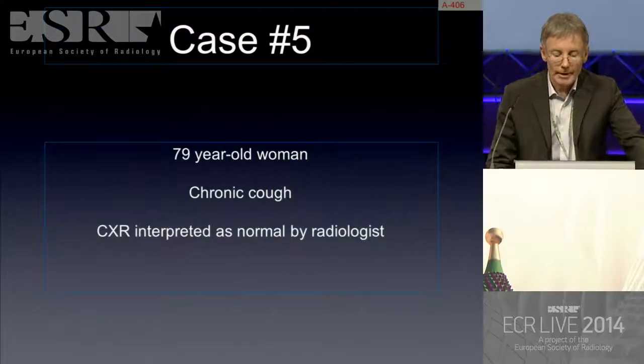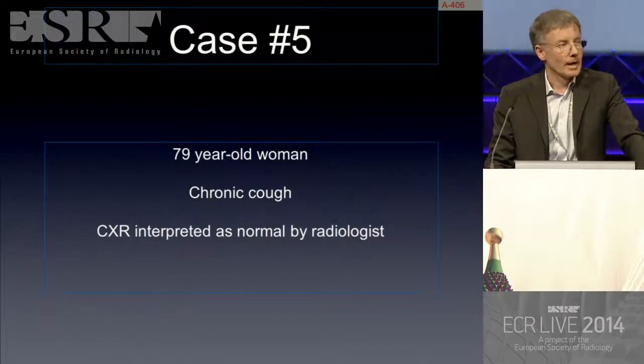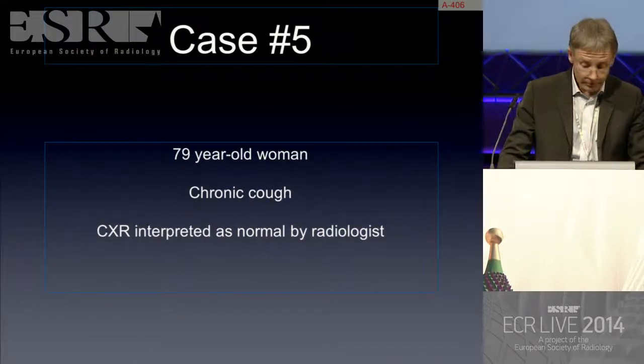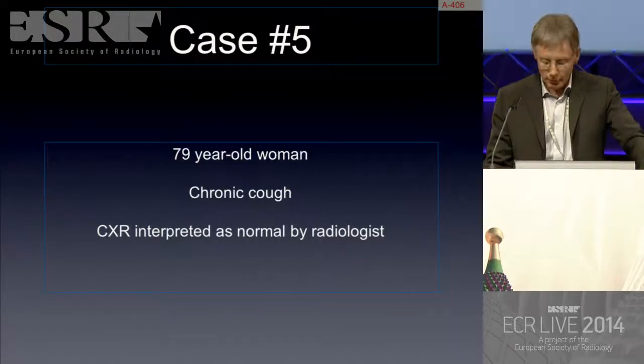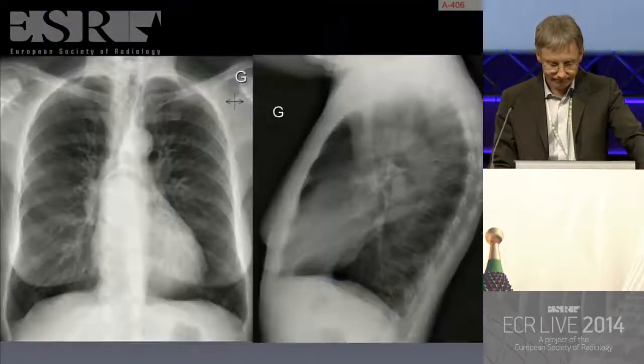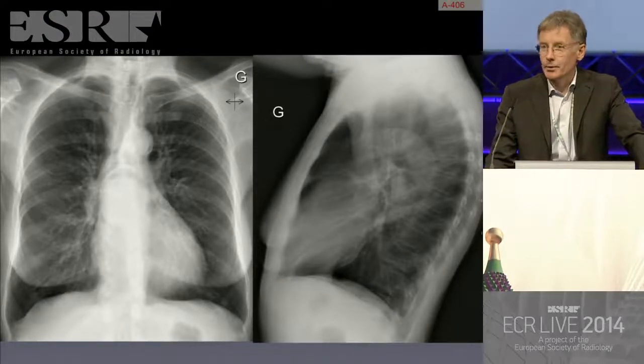Now I'll show you a lady of 79 with a chronic cough. This chest X-ray was interpreted as normal by a senior radiologist. You may wonder why this was interpreted as normal.